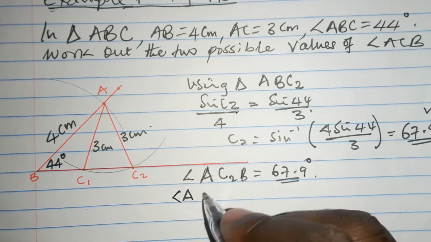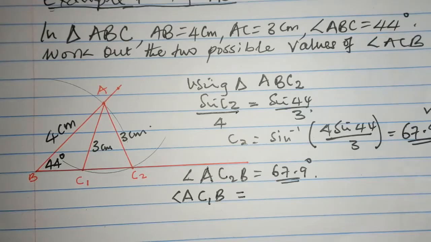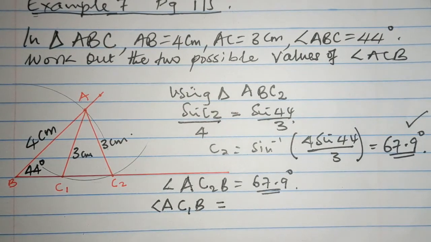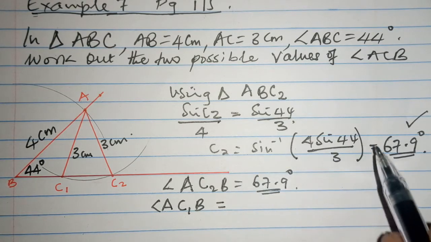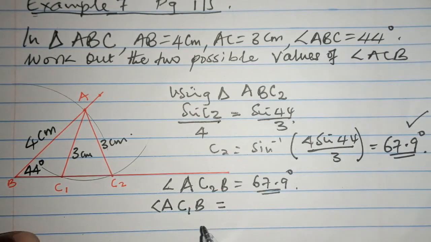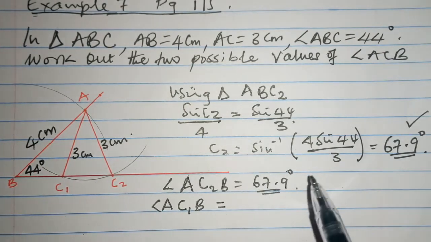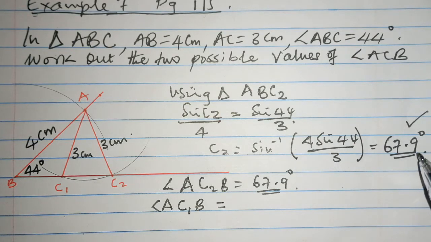angle AC1B, which is also possible according to our construction and argument. The sine of this angle will be exactly equal to the sine of 67.9. What does that mean?